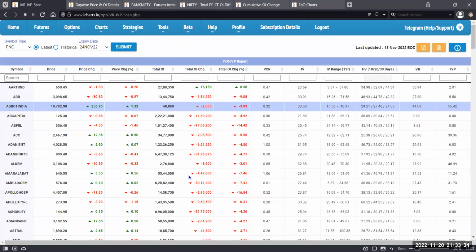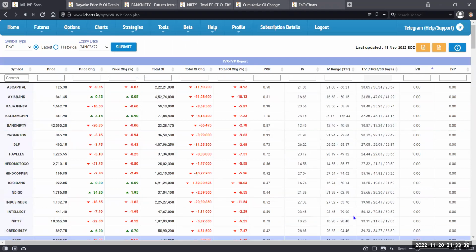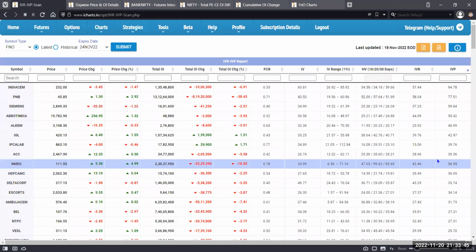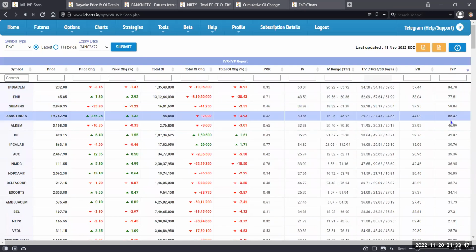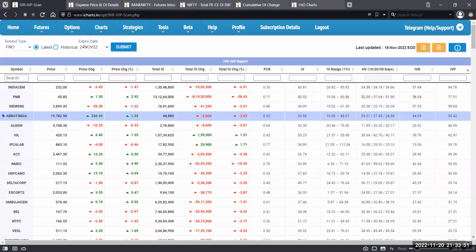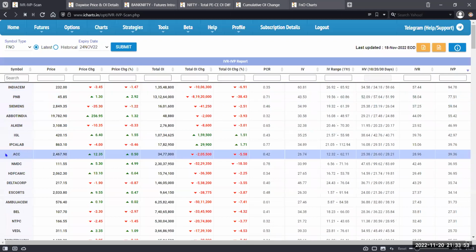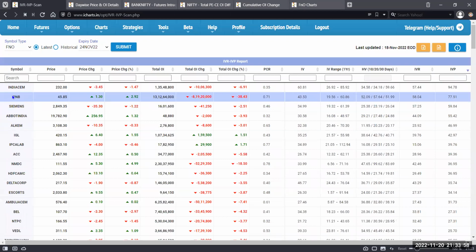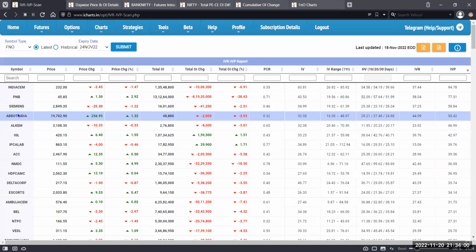It's basically for seeing, you can sort this and see which stocks have low IVs and which stocks have higher IVs. So now see, these are IVs. Here IVP is very high, so IVs are on the higher side, so you would look to sell options in these. It doesn't mean that selling means it is bearish.